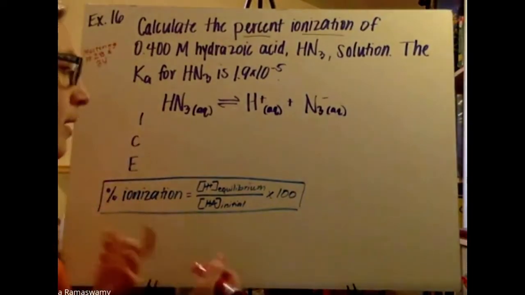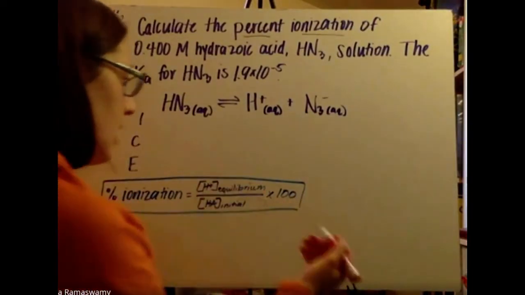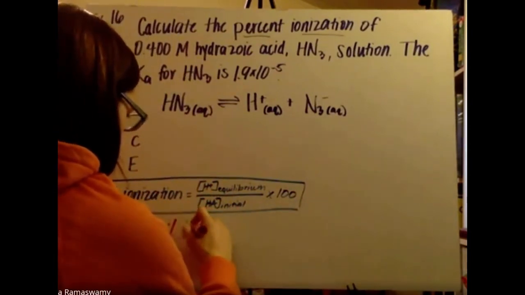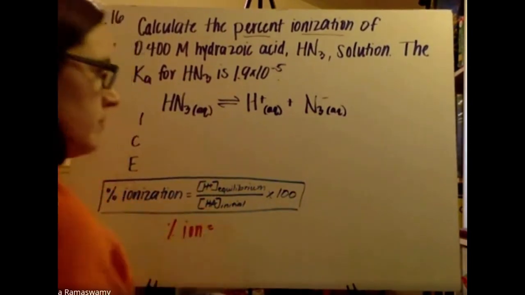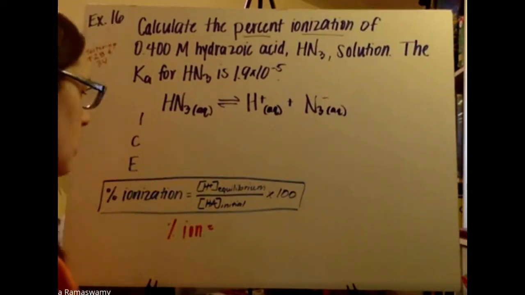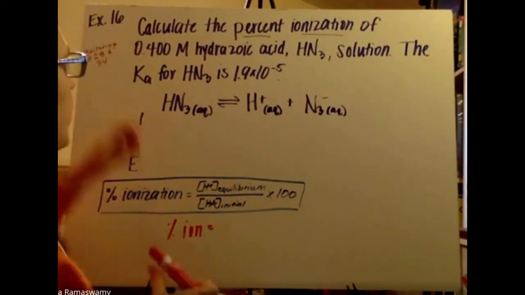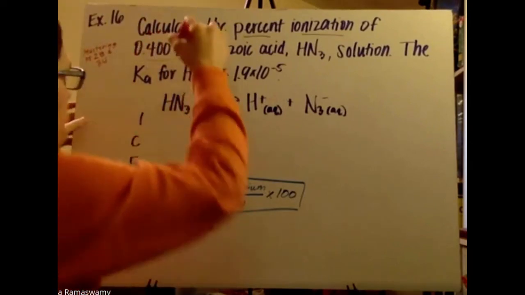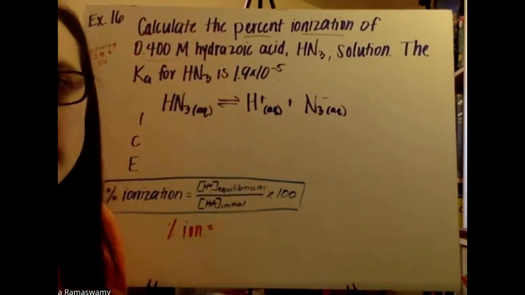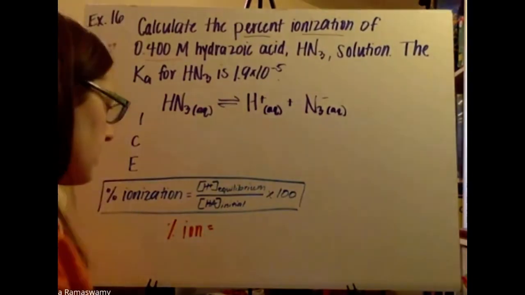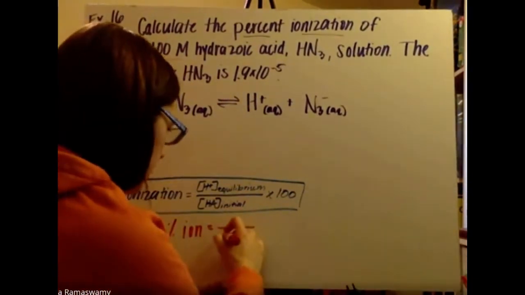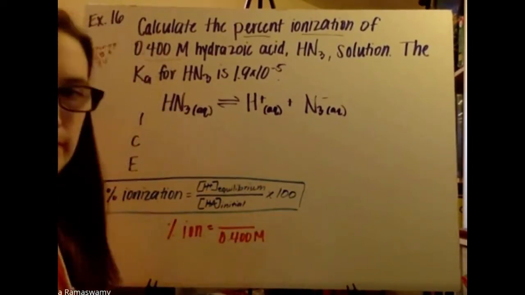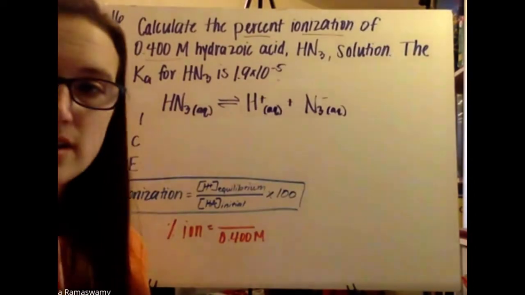So if we think about what we have right now, I want to calculate percent ionization. So I'm just going to do percent ion just to shorthand. Right now, based on the problem, calculate the percent ionization of a 0.4 molar hydrazoic acid solution. I have the initial concentration of the acid.